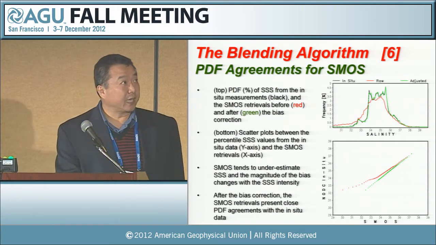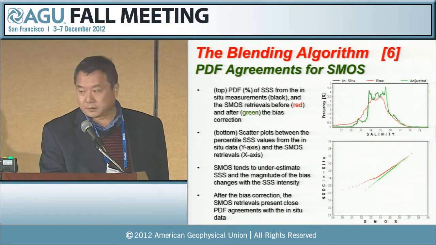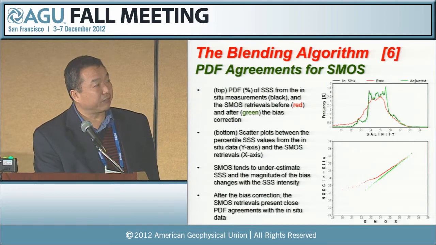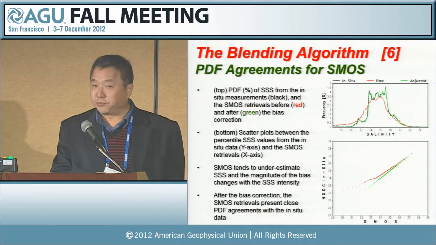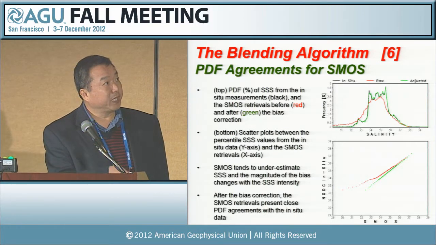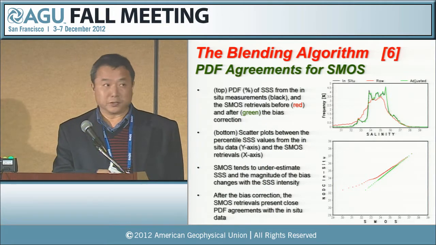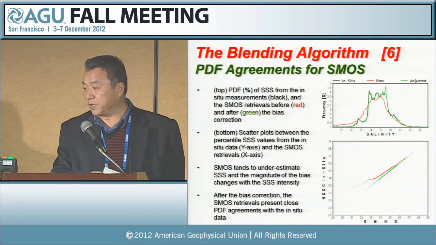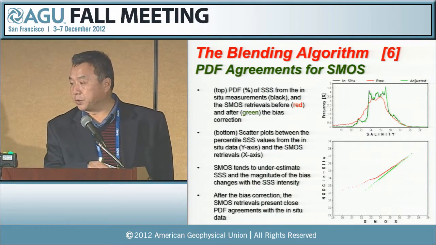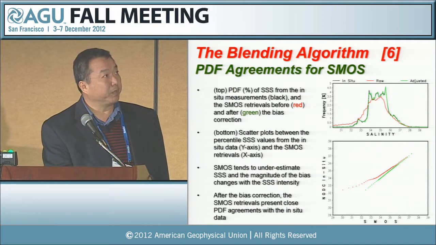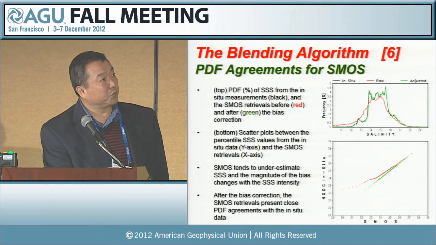What we can find is that even if overall the raw SMOS retrieval does not have a large bias, if you look very carefully at the PDF structure, you can see it is quite different compared to the in-situ data. But after the bias collection, not only the mean bias is gone, but also the PDF structure matches very closely.